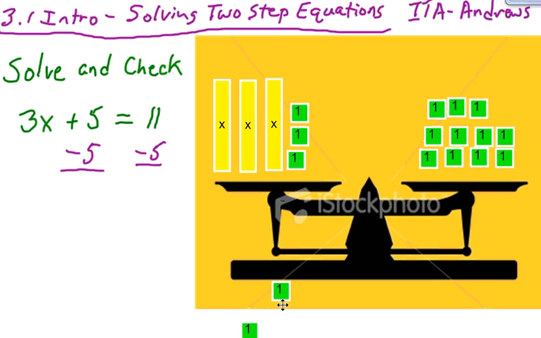And if I had a real scale, the other side would now be heavier, and this would be tilting. The side I'm removing from would be tilting upwards, but it's not a real scale. It's just a picture of a scale. So I'm going to have to remove 5 on this side as well.